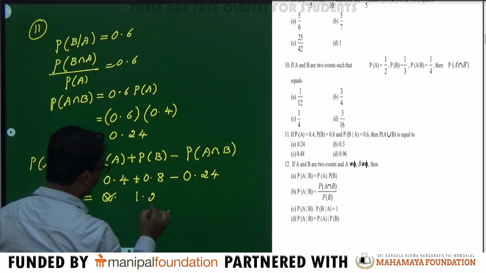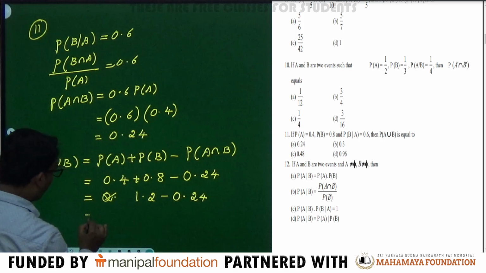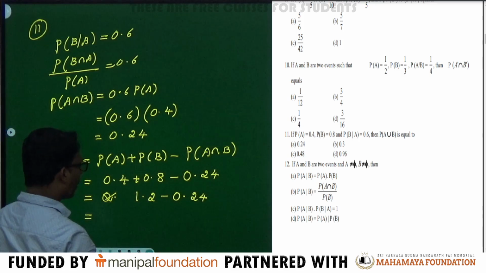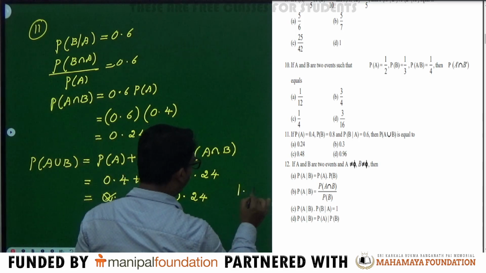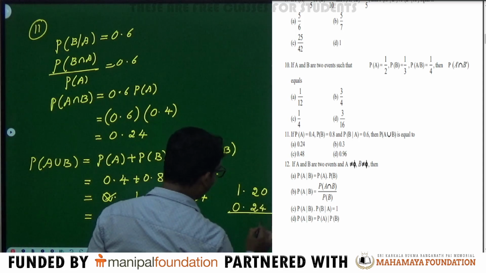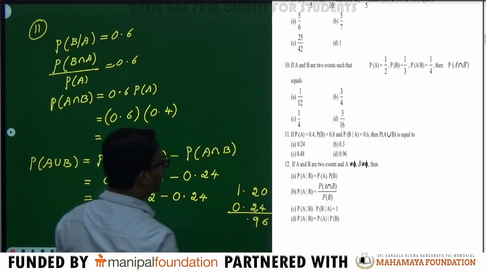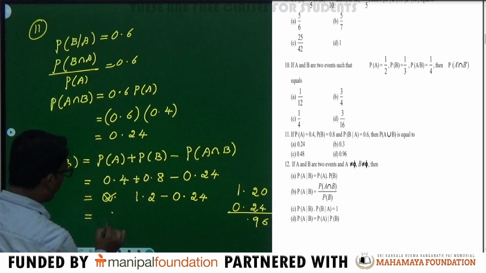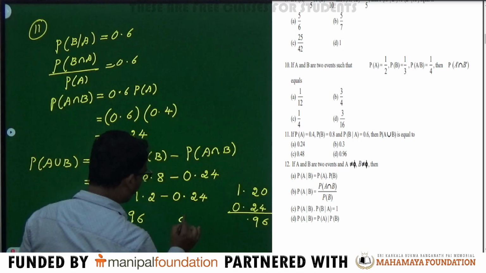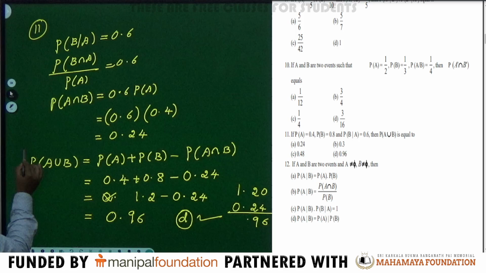It is 1.2 minus 0.24. So after simplification we will get 0.96. The correct answer is option D. Correct answer is option D.